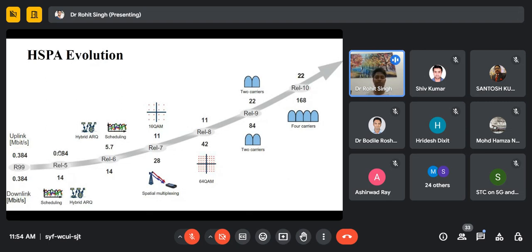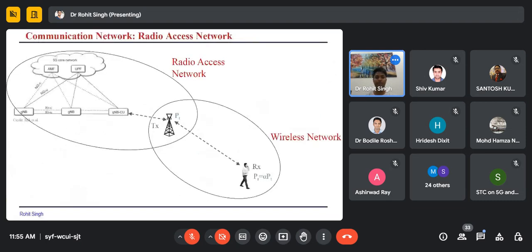Coming to carrier aggregation, if one carrier is not sufficient, you can allow one user to use different carriers: two carriers in the uplink, two carriers in the downlink, up to four carriers in the downlink, and so on. With the evolution in the releases from release 5, 6, 7, 8 up to 10, you can now have different evolutions. Dual connectivity features are there. All of these come under the category of HSPA evolution, high speed packet access evolution.